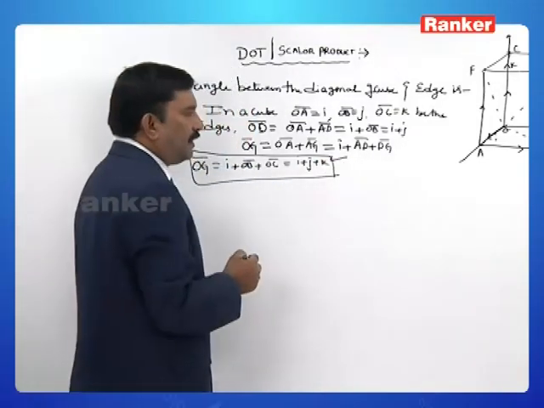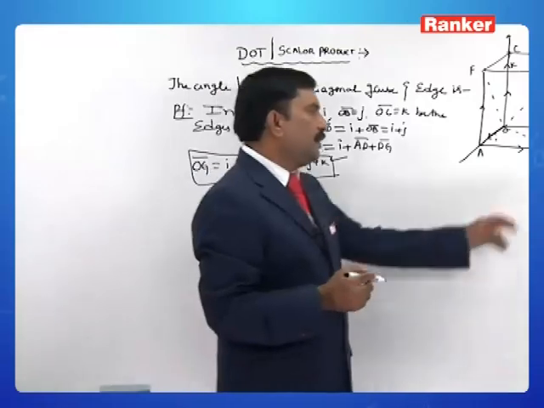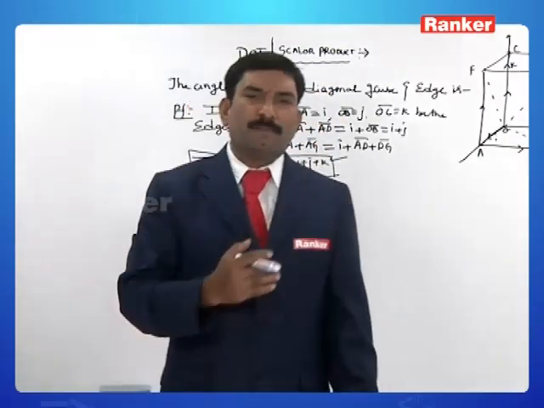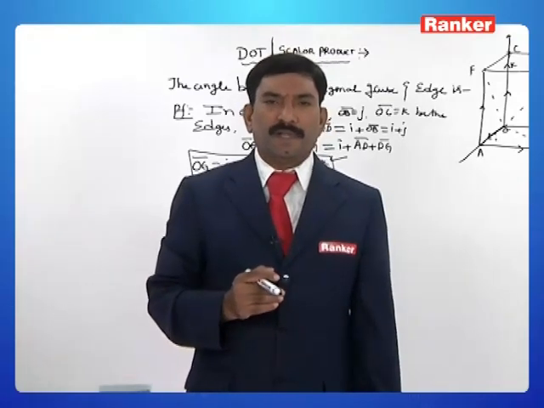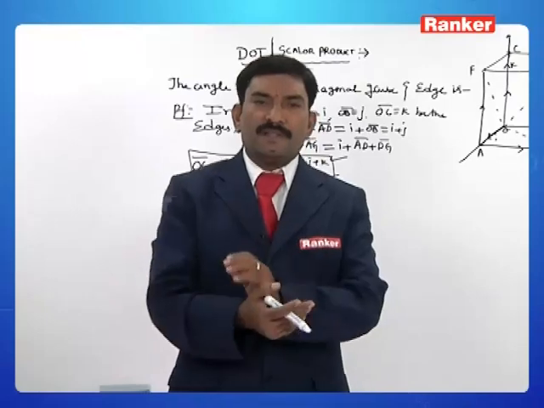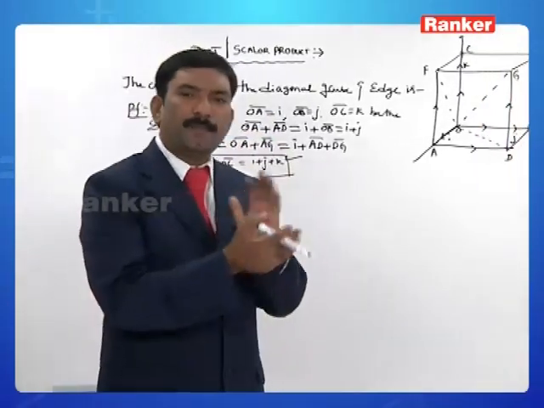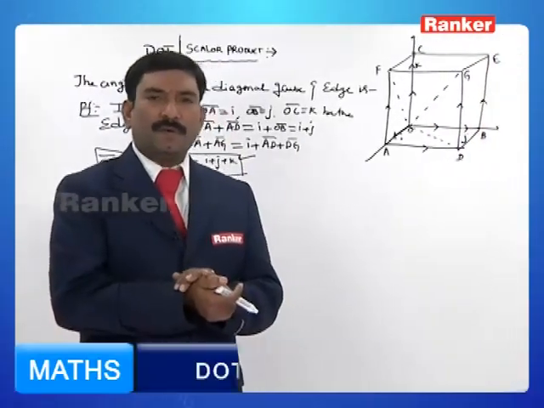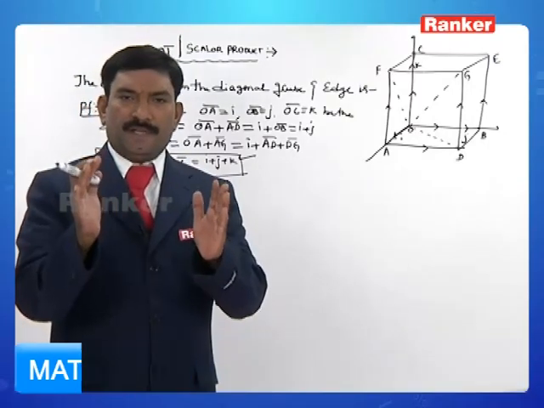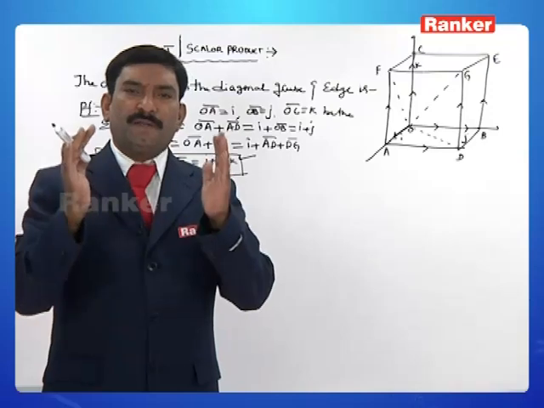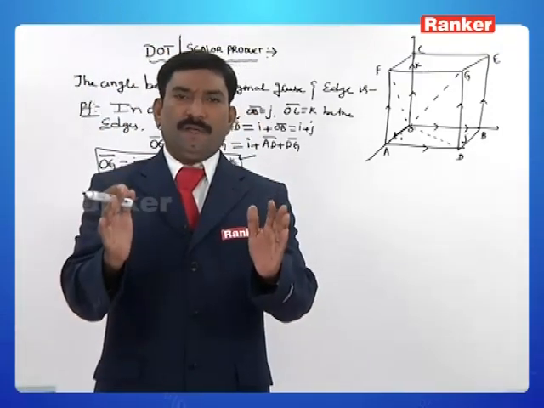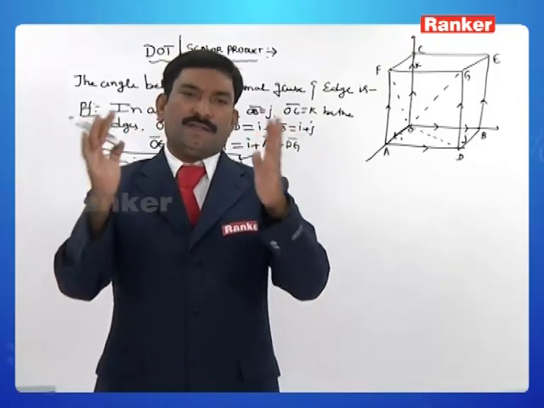This is one diagonal and one edge. I take the edge as OB bar. It's very easy in a pictorial representation, so you can easily convince yourself of this geometrical approach. So what is our context? Our context is, in a cube, the angle between the diagonal and the edge.